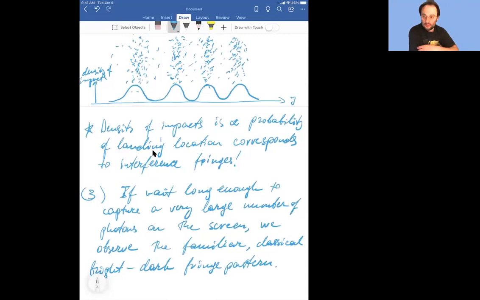We have evidence that light is made of particles. On the other hand, we also know that light produces interference fringes. So the natural question is, how can a particle-like picture give rise to interference fringes?